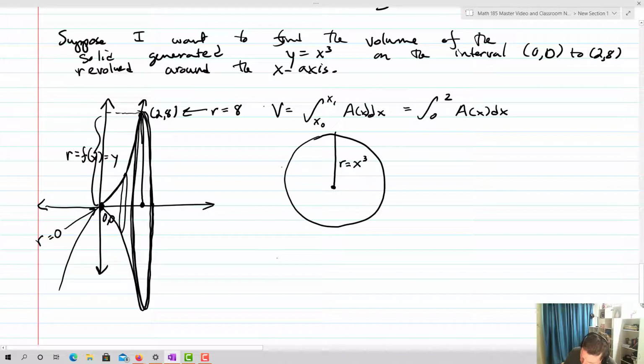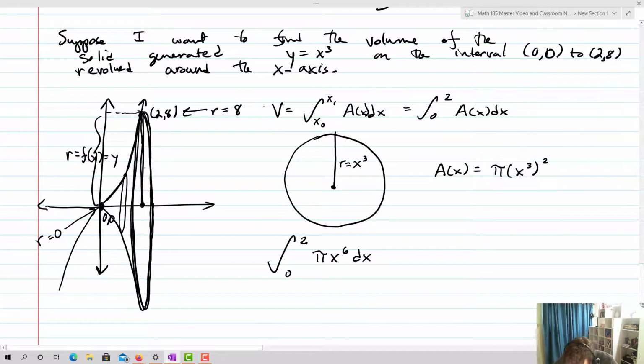Now, since r equals x cubed, that means my area, A(x), is going to equal pi times x cubed squared. So my integral is going to be the integral from 0 to 2 of pi x to the 6th dx. This is kind of a tricky way of thinking, but just like when we were doing the surfaces of revolution, when we're working with volumes, that radius is simply the value of the function.